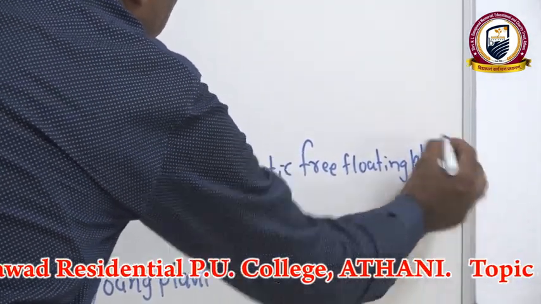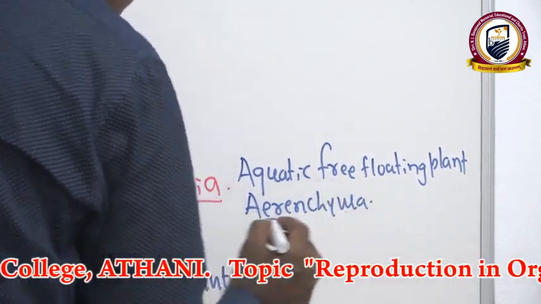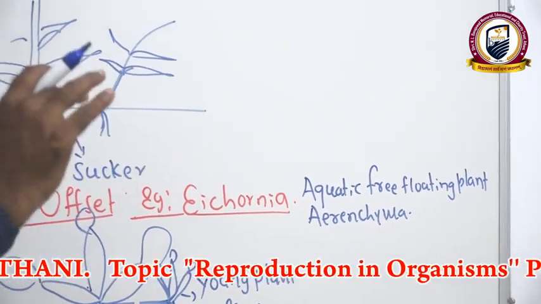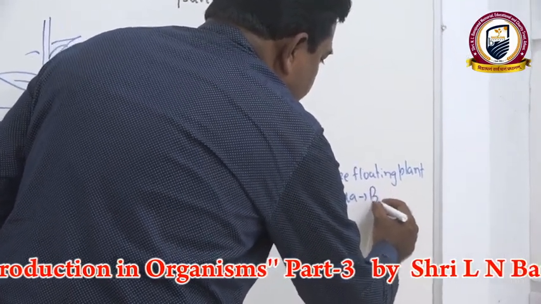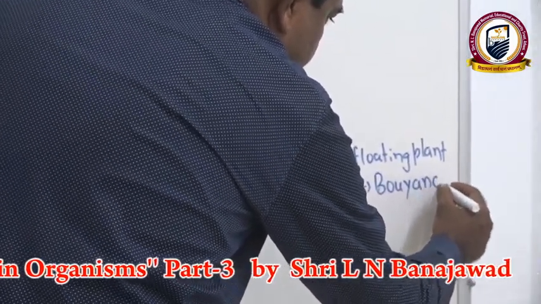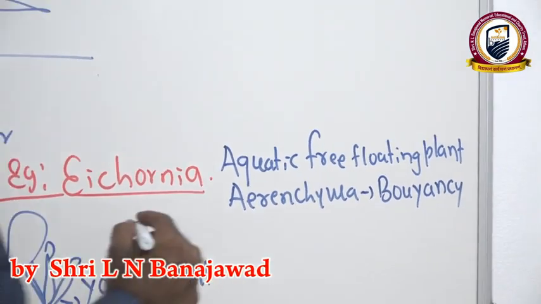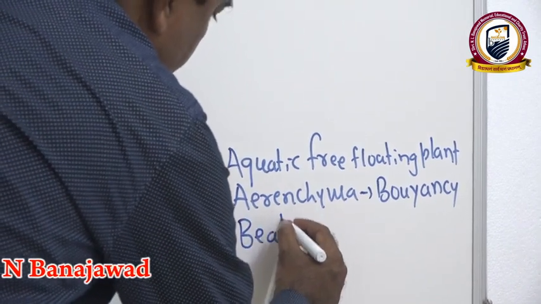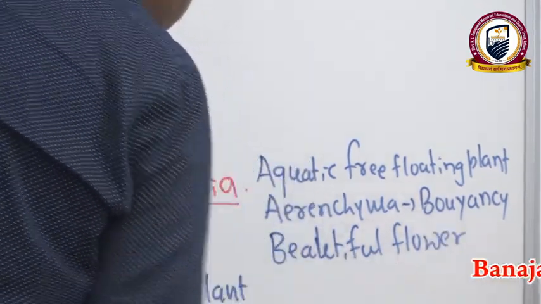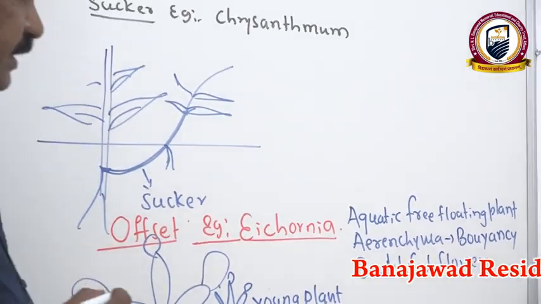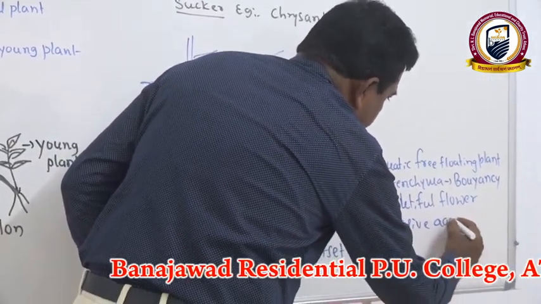One thing, it has aerenchyma. We know in the first year the air-filled parenchyma is called aerenchyma. That aerenchyma is present in the case of Eichhornia, and that aerenchyma helps for buoyancy. First time in India it was introduced for its beautiful colored flowers. But the negative point of this plant is that it is a highly invasive aquatic weed.